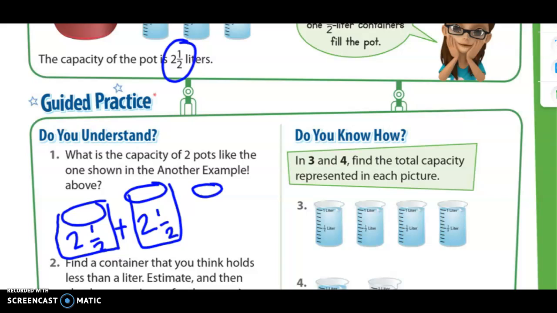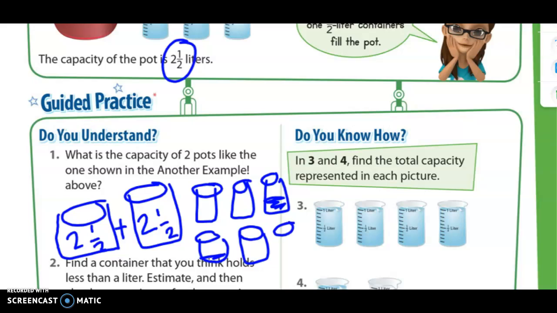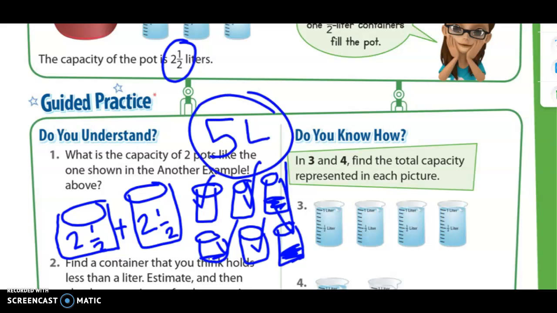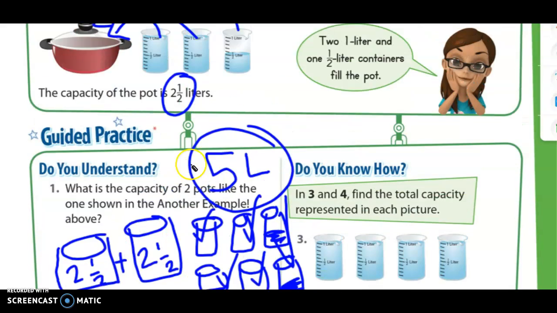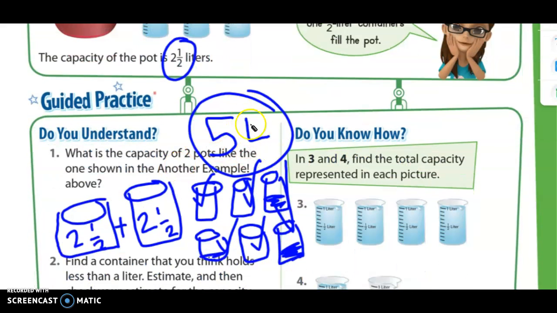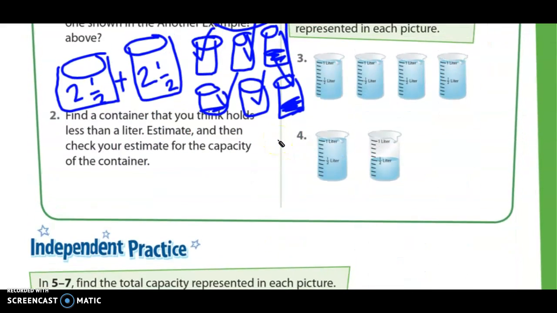Well, 2 wholes and a half plus 2 wholes and a half would make 1, 2, 3, 4 wholes, 5 wholes, because those halves add up together to make another whole. So if I had 2 of those pots together, they would have a capacity of 5 liters.